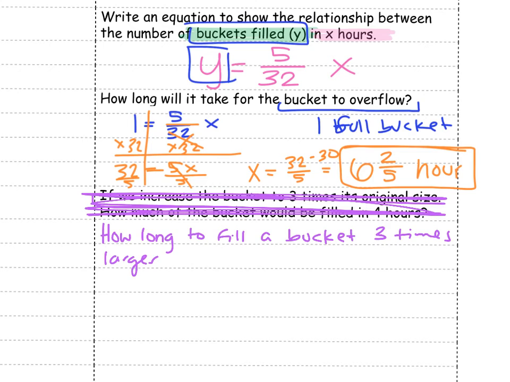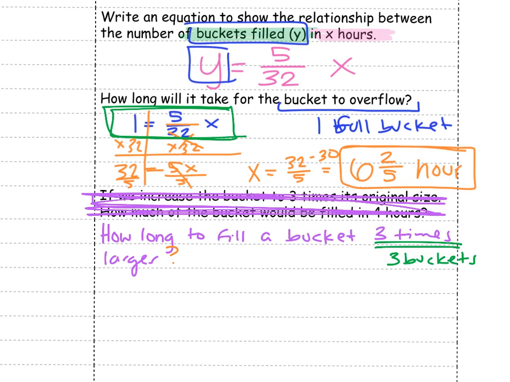Our final question today, we're actually going to edit slightly. So if you could cross out what it says currently and then rewrite our new question, which is, how long would it take to fill a bucket 3 times larger? So when we try to answer this question, we know how long it took to fill a single bucket. If it is 3 times larger, that would be like 3 buckets.